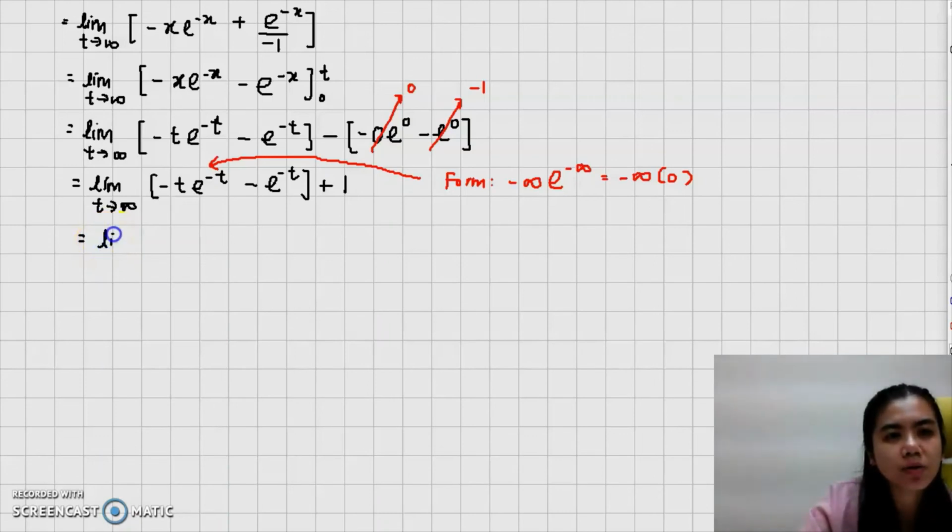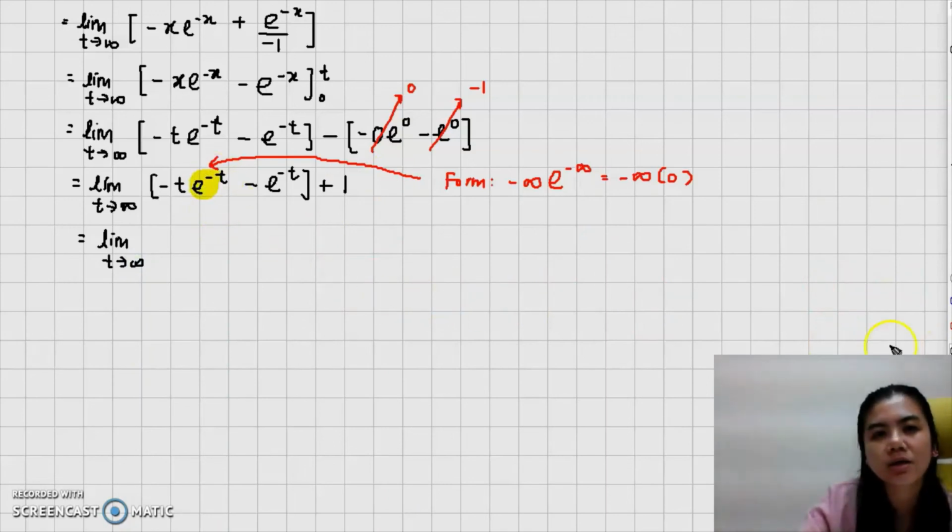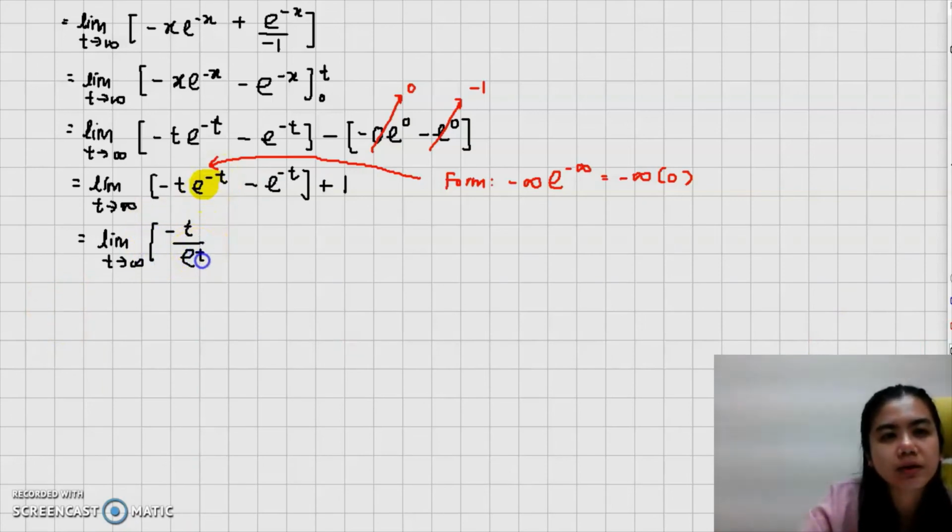How to modify that is very simple, back to our previous chapter. You're going to drag this one down. So we have minus t over e power t, and this is the same thing. We're going to write it back, ignoring the bracket here.